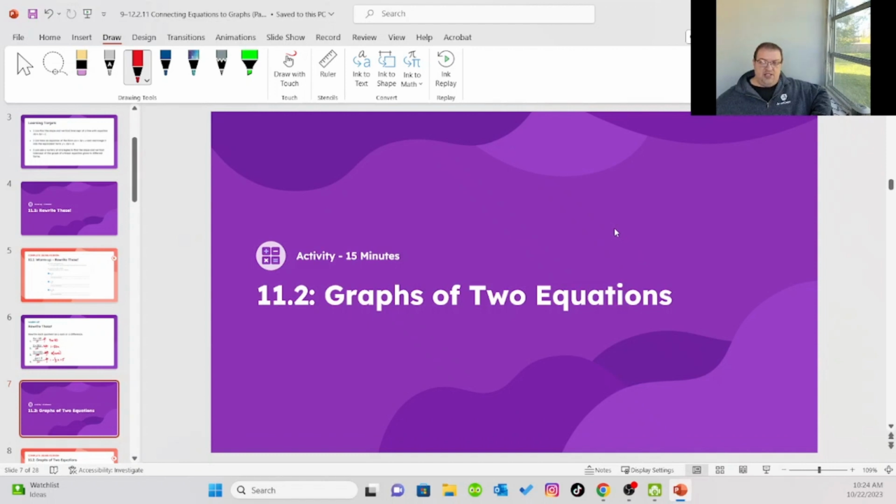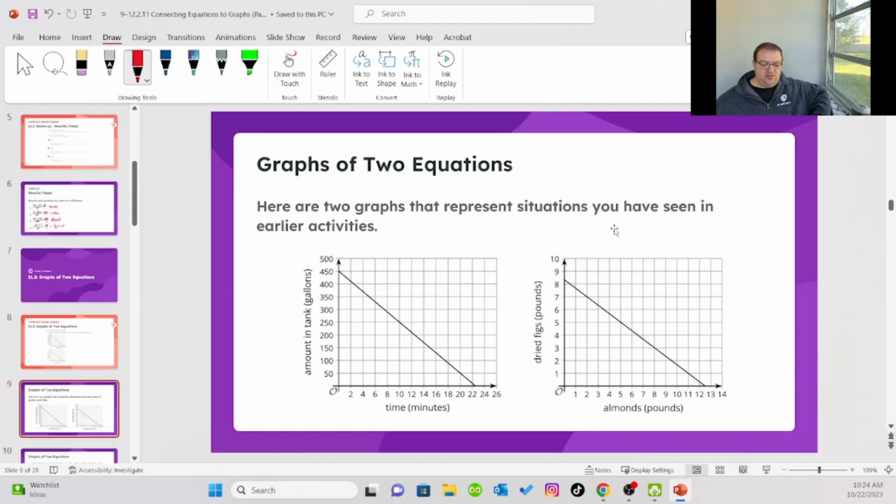Our first activity is 11.2, titled Graphs of Two Equations. Here are two graphs that represent situations you have seen in earlier activities. The one on the left, we see amount in tank in gallons, and on our x-axis, we see time in minutes.